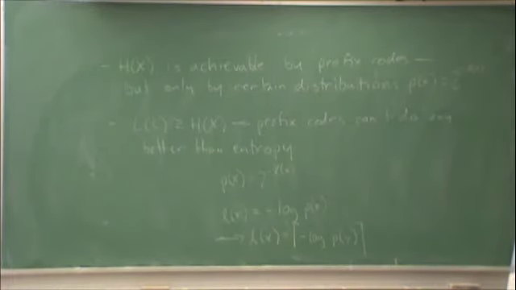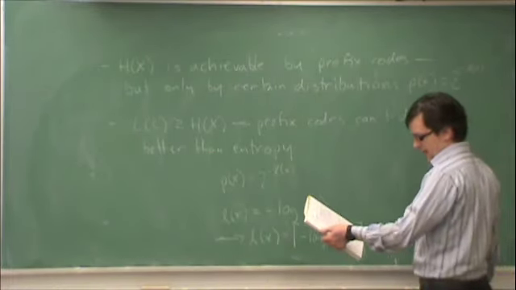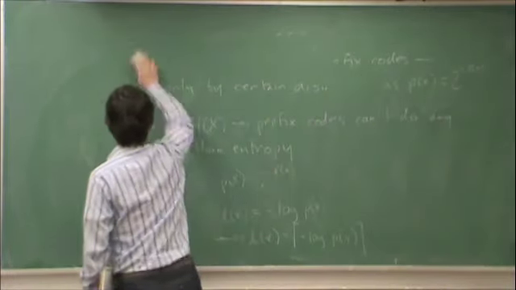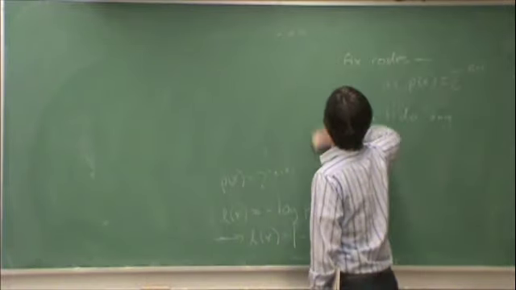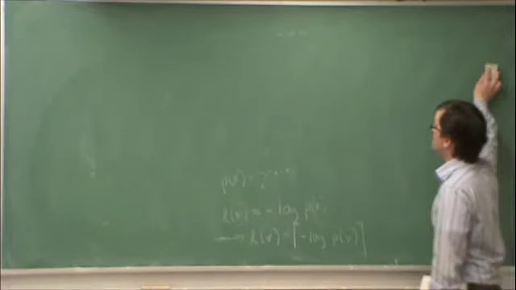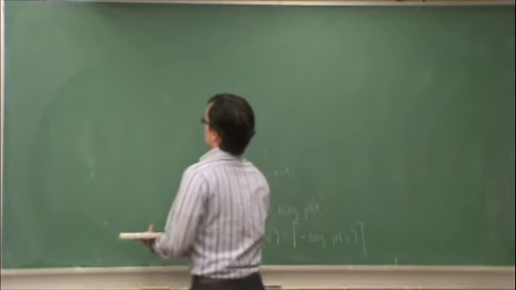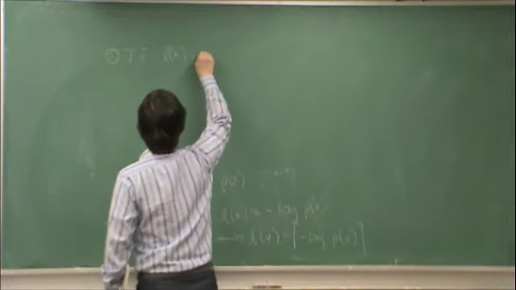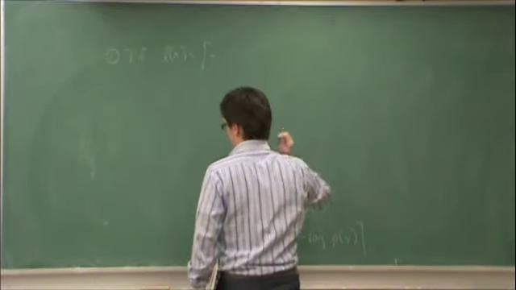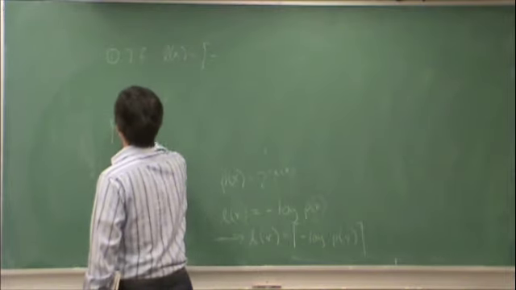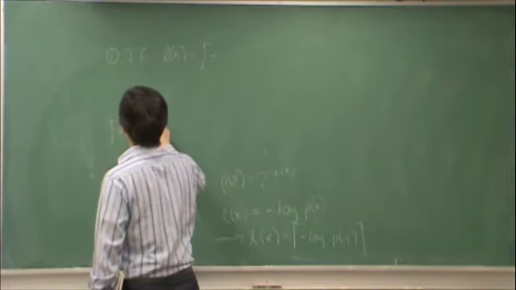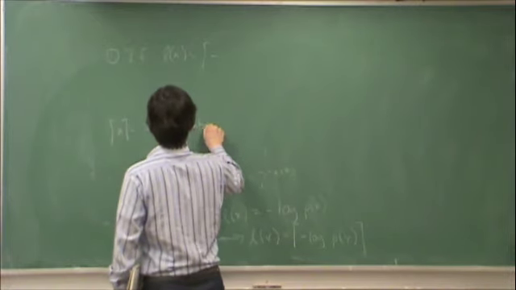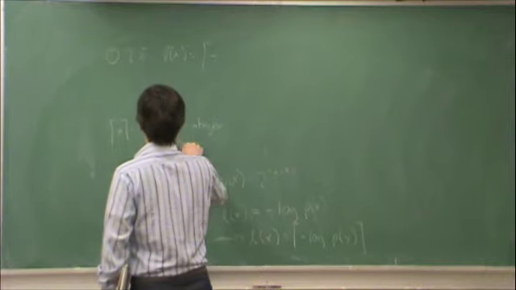How good or how bad is such a code? So firstly, we can show that if L of x is equal to ceiling, by the way, just so that everyone's on the same page, ceiling of x is equal to the smallest integer greater than or equal to x.